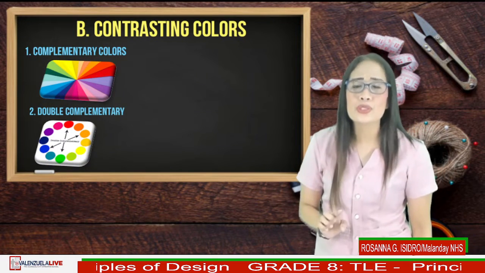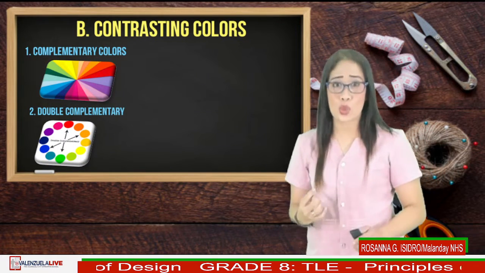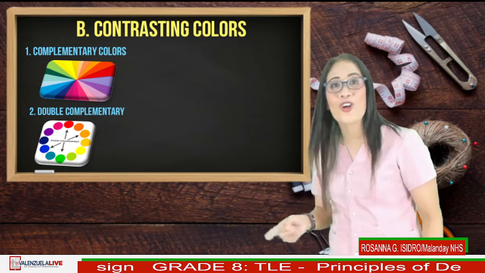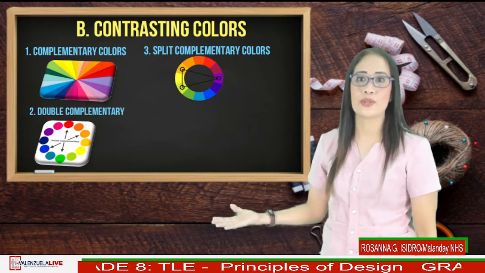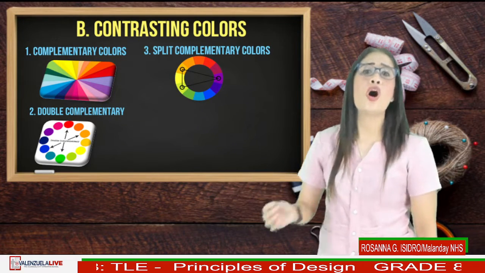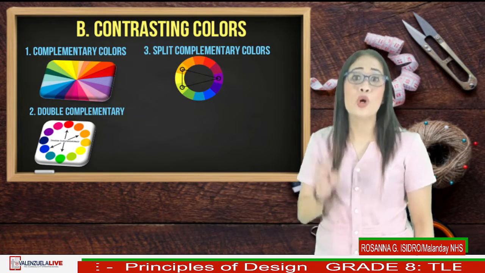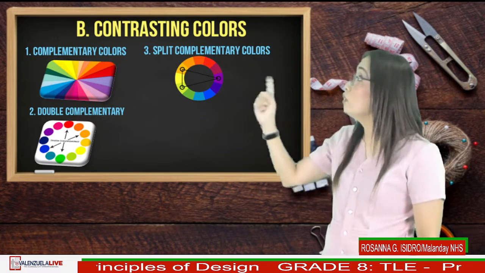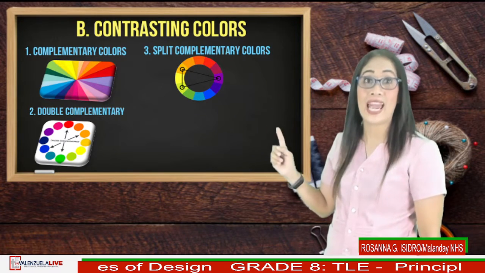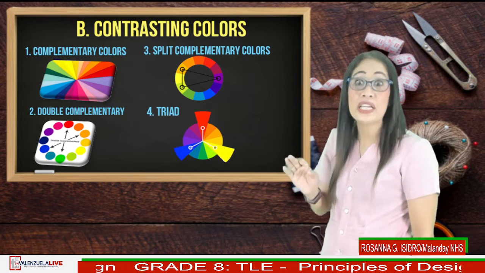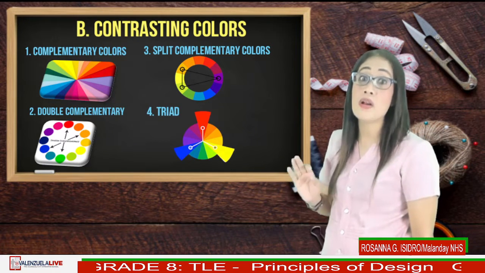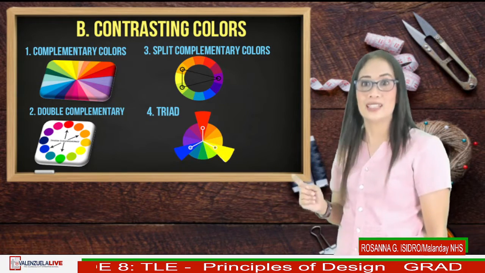The two hues are next to each other on the color wheel. Split complementary colors will have the variation of complementary color scheme. Two colors adjacent to each complement. And last, triad. Three color schemes that are evenly spaced around the color wheel.